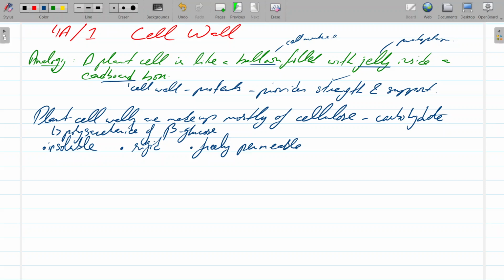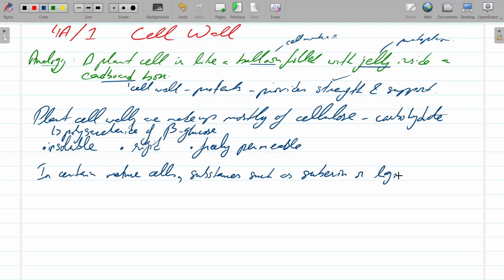In certain more mature cells, right, substances such as suberin or lignin, depending on which cells they are. Let's correct that.